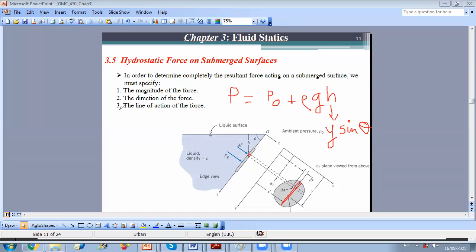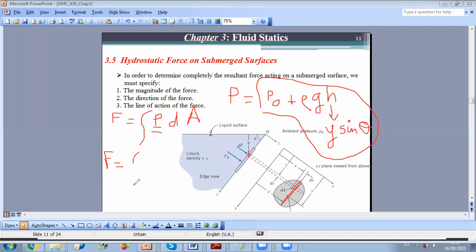Okay? So now, we said that the total force is the integral of pressure dA. Okay? And now we will replace the pressure by its value, which is P0 plus rho GH. So if I replace, I will get the following. F is equal to the integral of P0 dA.